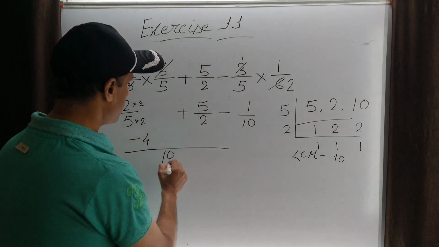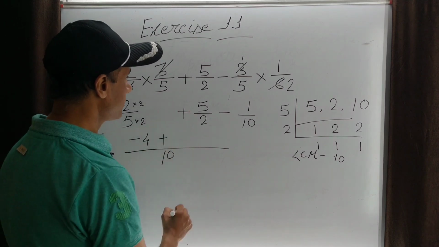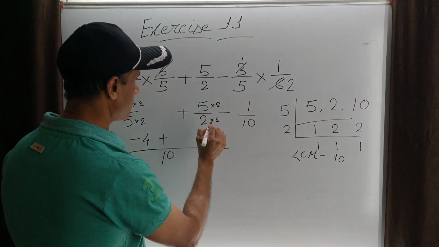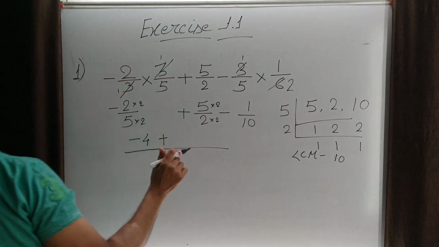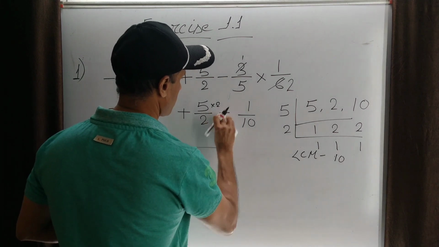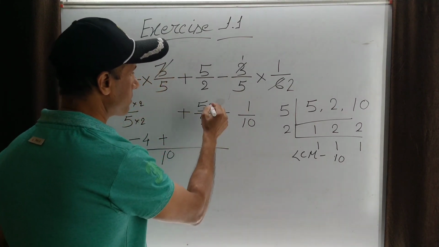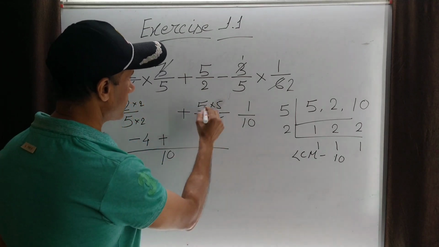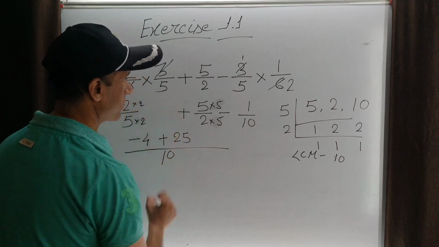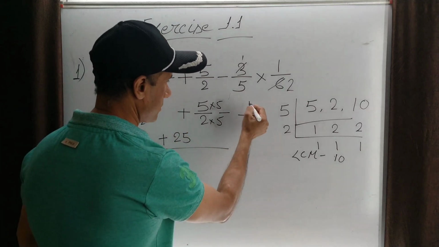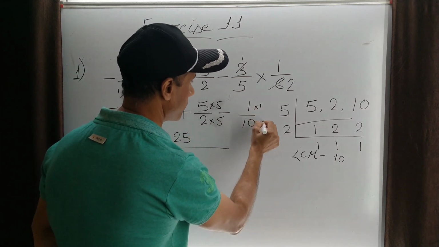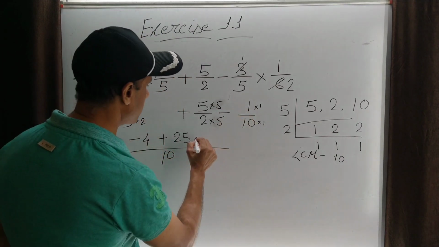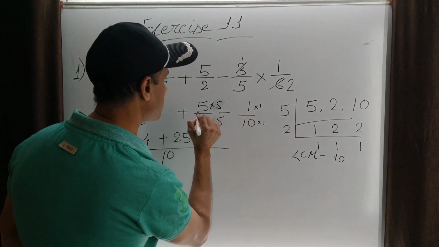Then the addition: you have to get the denominator 10, so you multiply by 5 in the numerator and denominator, and you get 25 here, right? And of course for the last one you multiply by 1, because the denominator is already 10. So the common denominator is 10, and here it is minus 1.